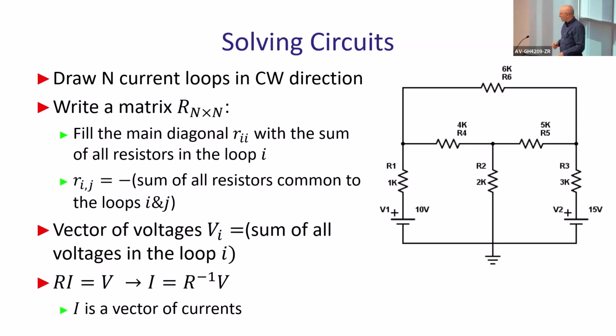So let's pick that simple example and then try to solve it. Is this method based on mesh currents? Kind of, yes, because you need to find the loops. And the second question is, what if we cannot find the mesh loop, because some circuits may have a crossover?